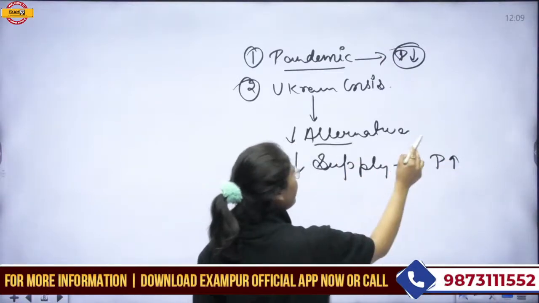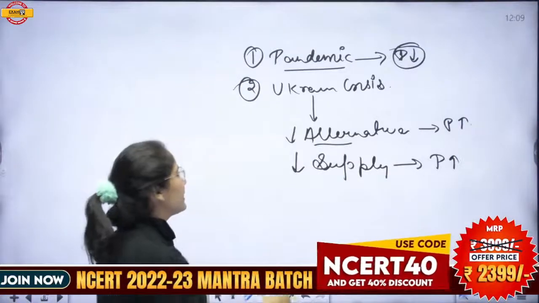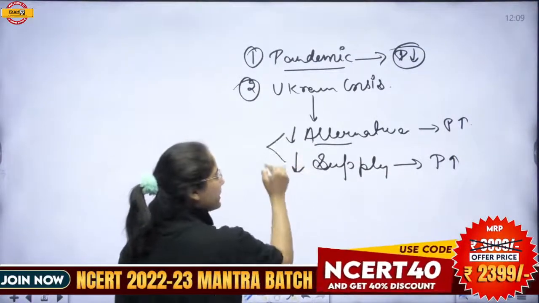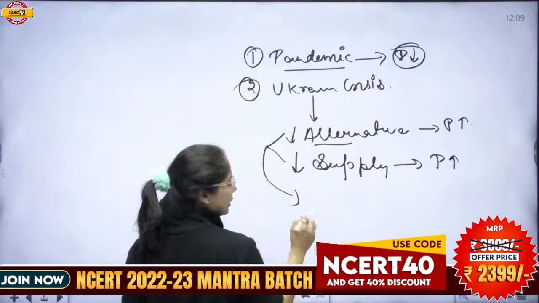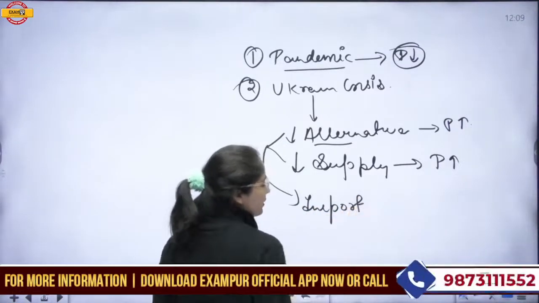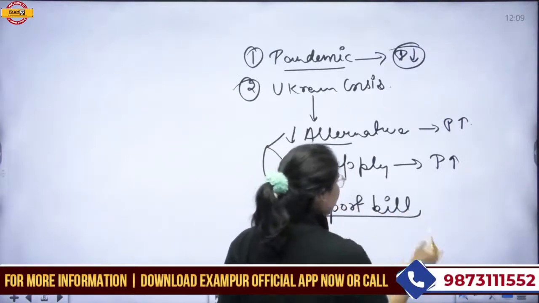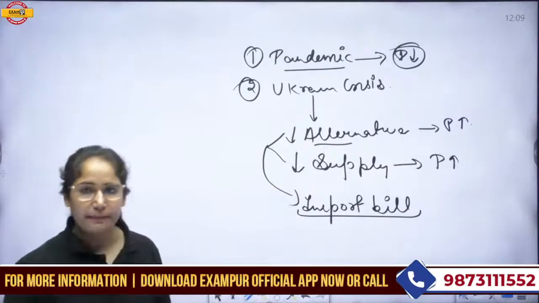This is again one of the causes of the increment in price level. These 2 pointers are making the import bill rise, and we do not have that much money to make repayments.